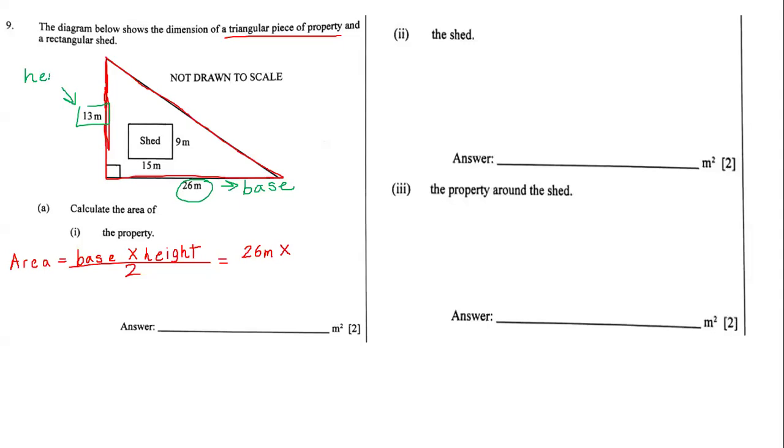So we have to multiply 26 times 13. So we have 26 multiplied by 13, all over 2. Let's multiply those 2-digit numbers.